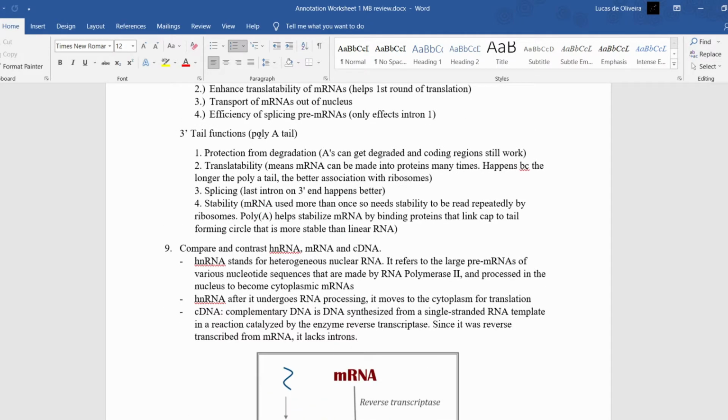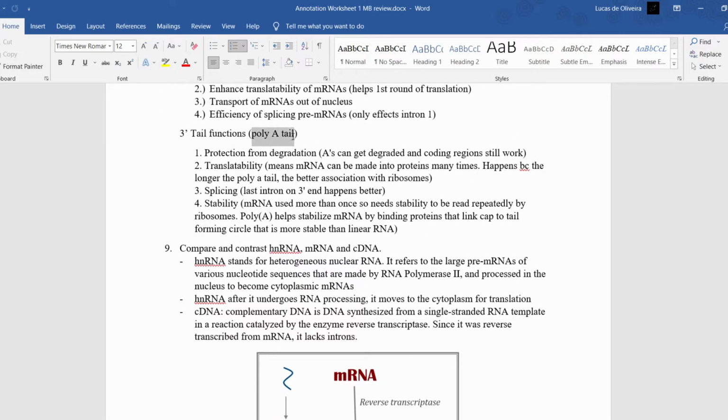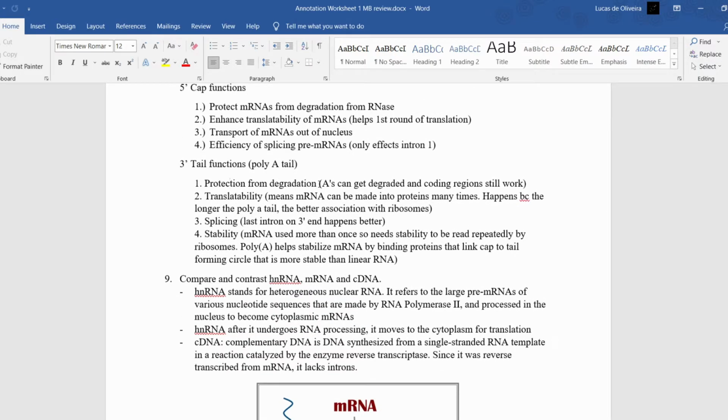Next we have the 3' end, or the 3' UTR, and oftentimes it'll have this poly A tail, I think always actually, but the A stands for adenine, so it's that one nucleotide, and it's usually around 250 adenines long, though it can vary a little bit. Again, it's going to protect from degradation from RNase, just like the cap does.